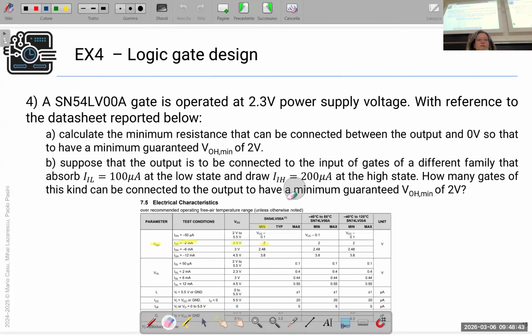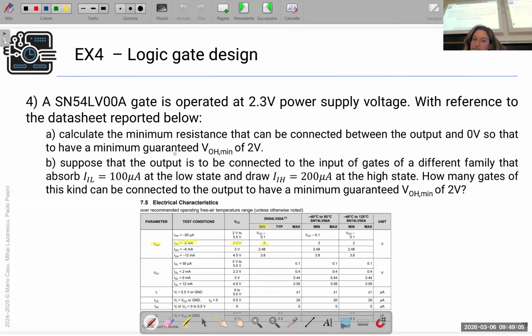We have the same NAND gate that we had before and it operates at 2.3 volt voltage supply, with reference to the same data sheet, this being the continuation of the data sheet from before.